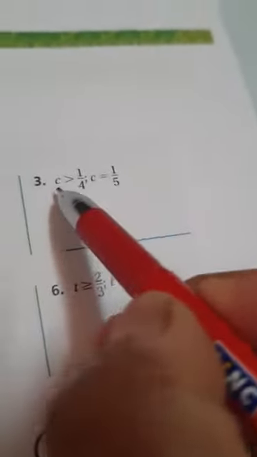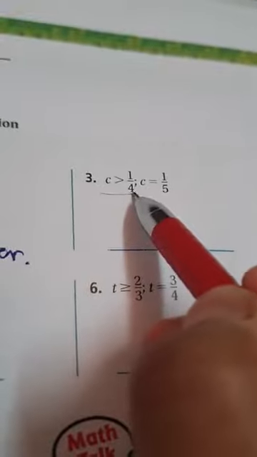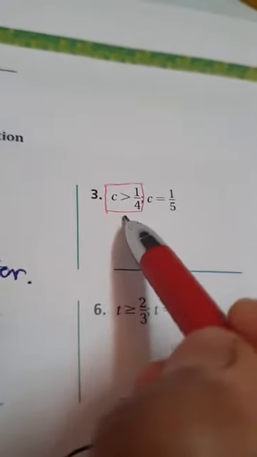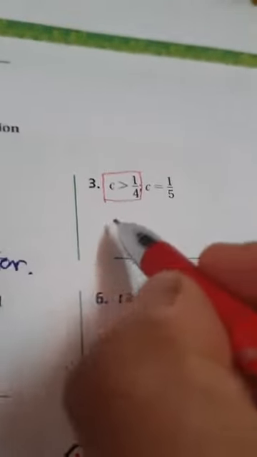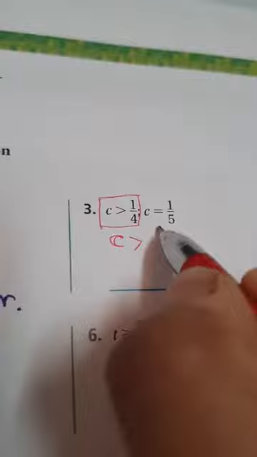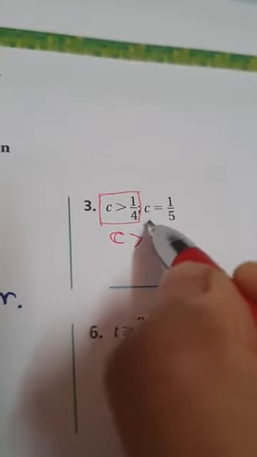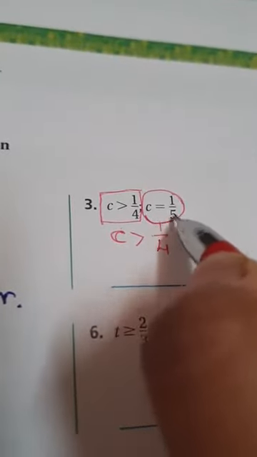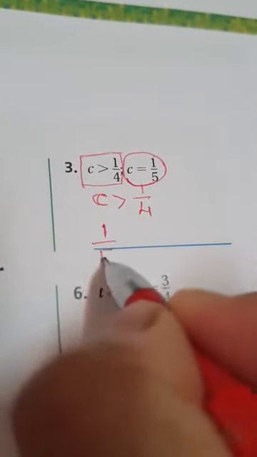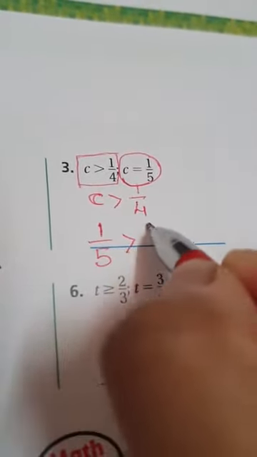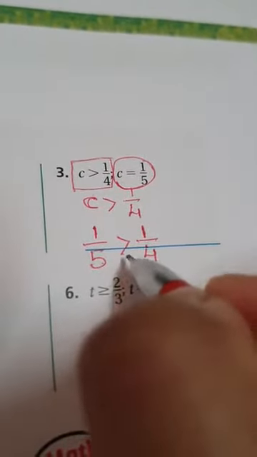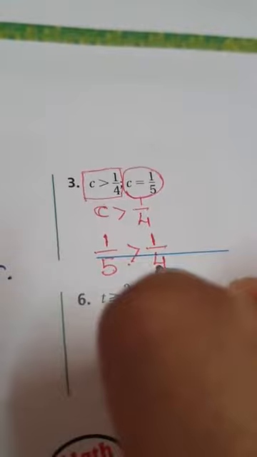The inequality given is C is greater than 1 over 4. Okay, so you need to of course write the inequality again. So C is greater than 1 over 4. What's the solution given for us? C is 1 over 5. So in place of C, we write 1 over 5 is greater than 1 over 4. How do we find out whether 1 over 5 is greater than 1 over 4?